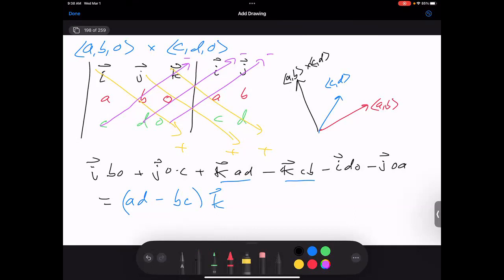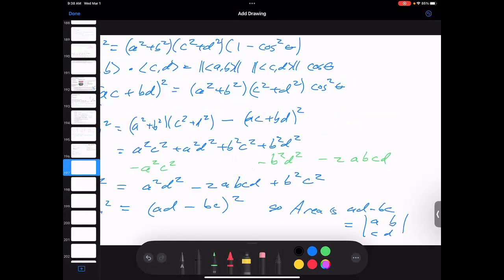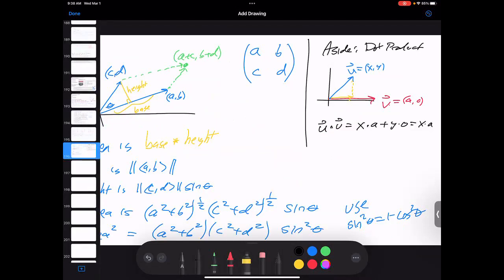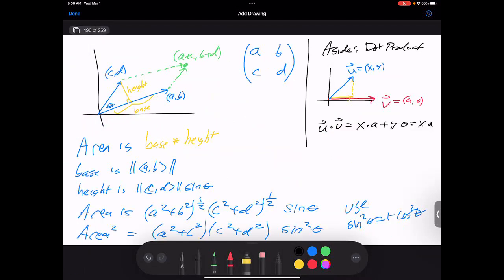And again, when you take linear algebra, it's a lot easier to do these calculations. But the cross product, at least in the special case of the plane, is giving the area. So if I give you two vectors in the plane and I calculate the cross product, I have proven that it's the area. And I've proven that it's equal to the length of one times the length of the other times the sine.